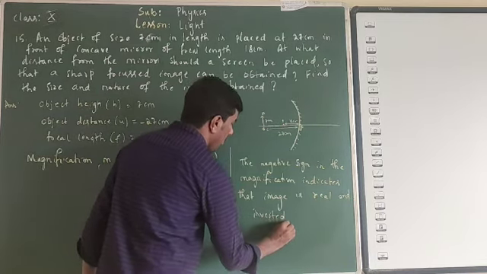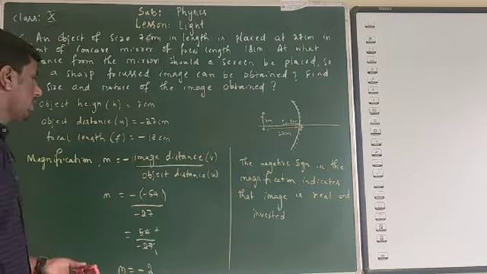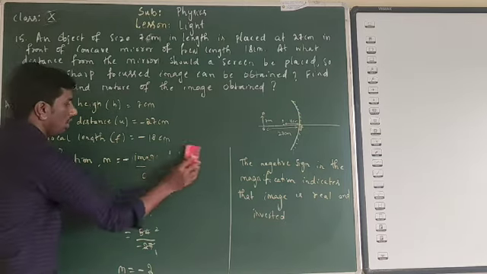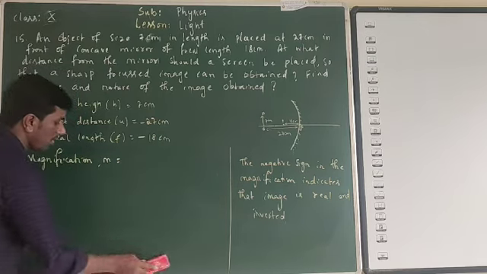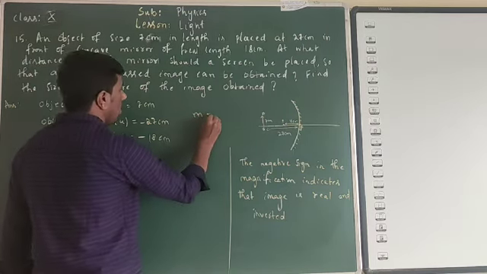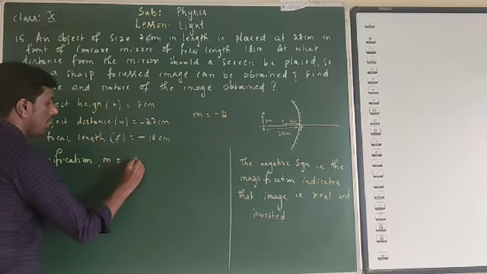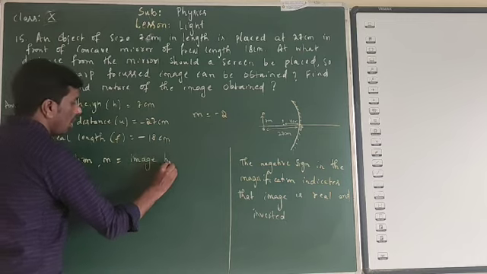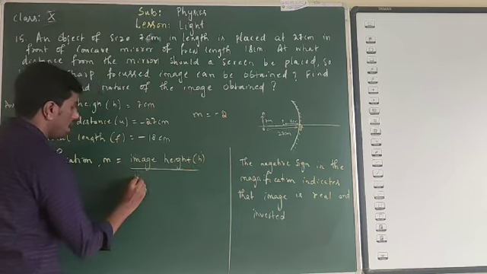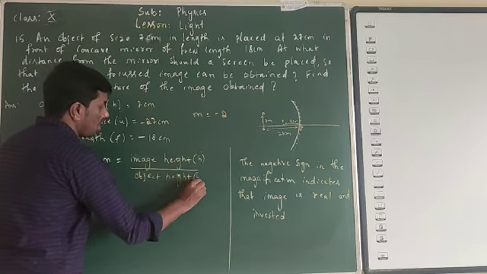Okay. So using the same magnification, we'll find out the image height. We have found the magnification as minus 2. Now we have one more formula for the magnification: image height h dash divided by object height h.